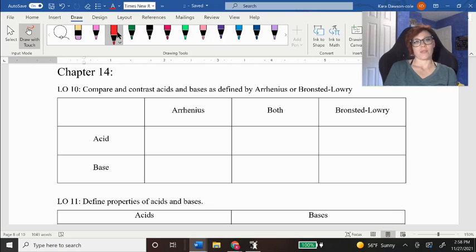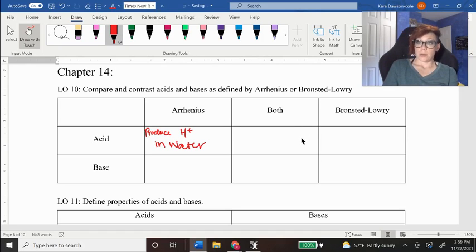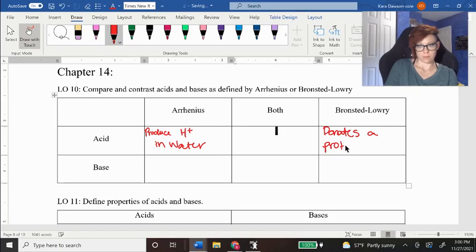So for your Arrhenius acid definition, Arrhenius acids produce hydrogen ion in water. The Bronsted-Lowry definition of an acid is that an acid donates a proton. Now, we can argue that a proton is just a hydrogen ion, so H+.